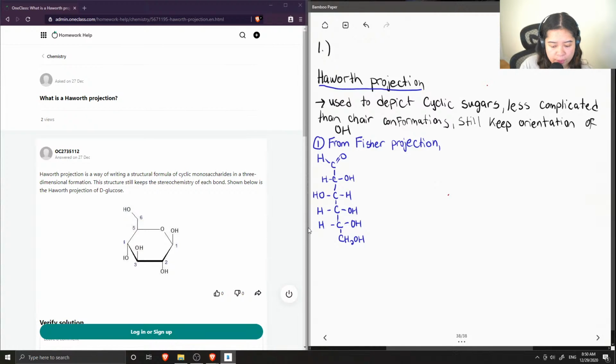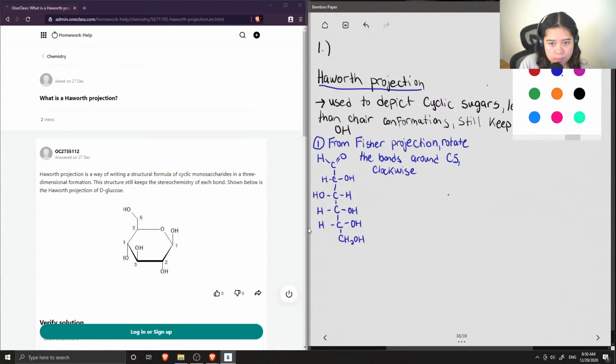And for the first part, we want to rotate the bonds around carbon 5 clockwise. Okay, so I'll show the rotation.